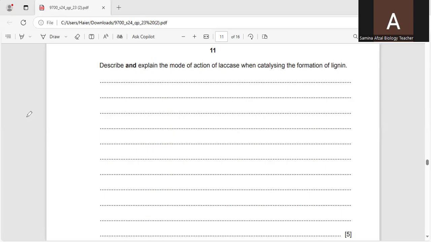So the monolignol will bind. Laccase contains copper ions in its active site.